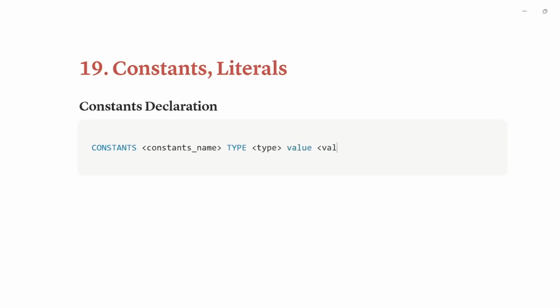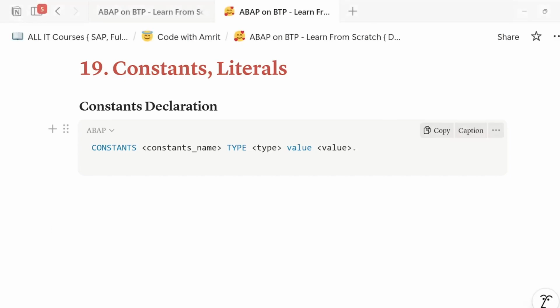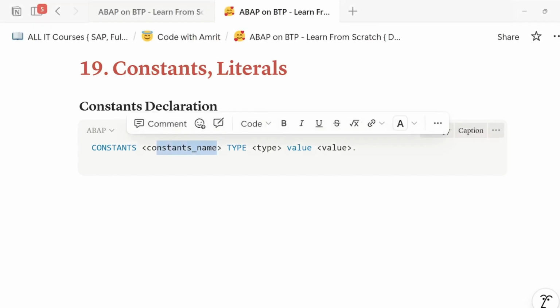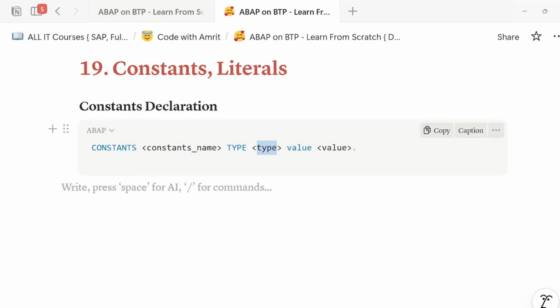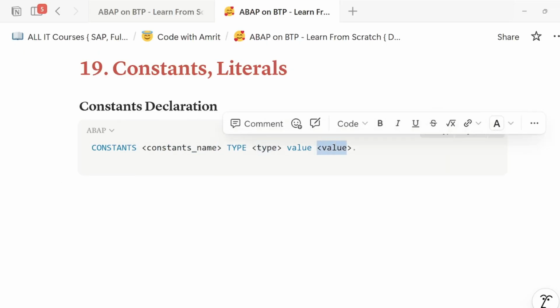This initial value will be fixed in the case of a constant. Here, this is my name of the constant, this is the type of the constant, and then this is the exact value of the constant that we are going to have.